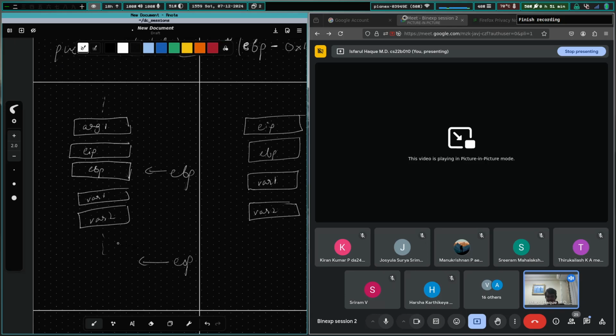What do you think happens if we use ESP? We won't know how many variables are there. That's one problem. See, ESP can change around, that's right. Reference place keeps moving, that's also right. You do a push or a pop, ESP changes.